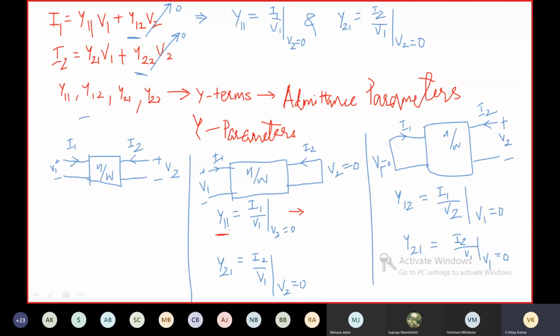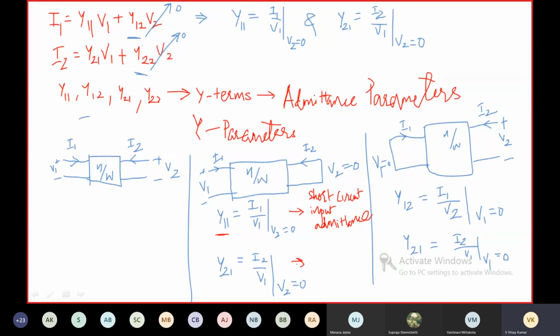That's why Y11 is called short circuit input admittance.